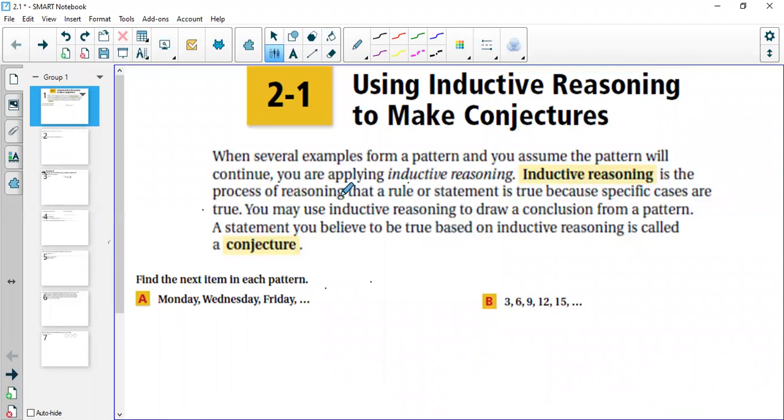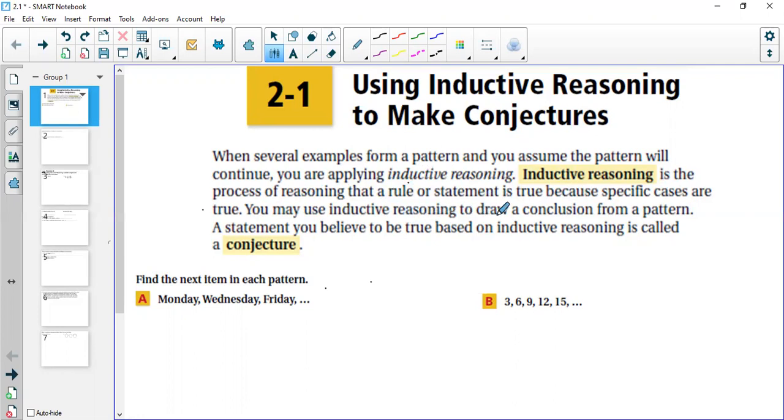Inductive reasoning is the process of reasoning that a rule or statement is true because specific cases are true. Definitely in geometry you will need reasoning and you will learn that later.